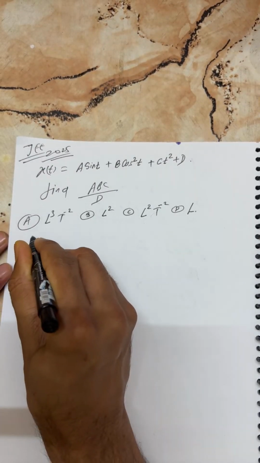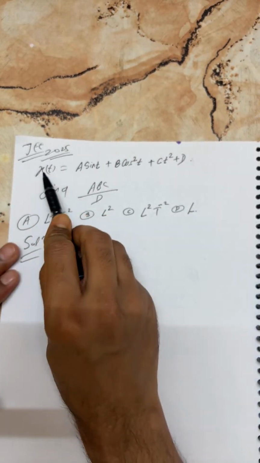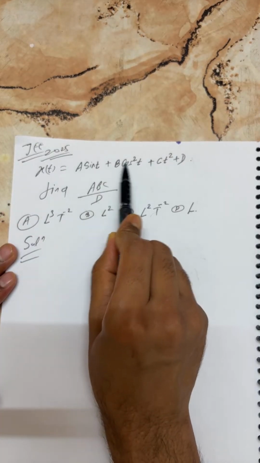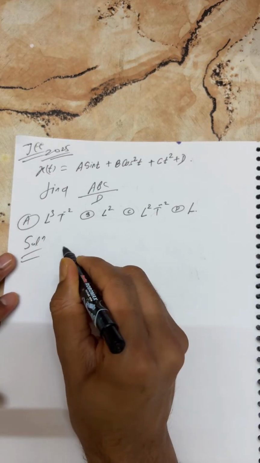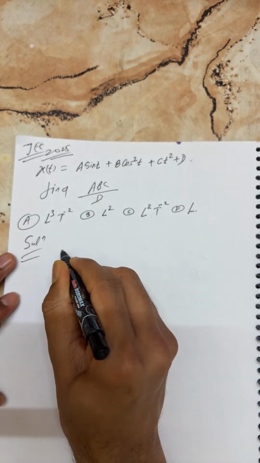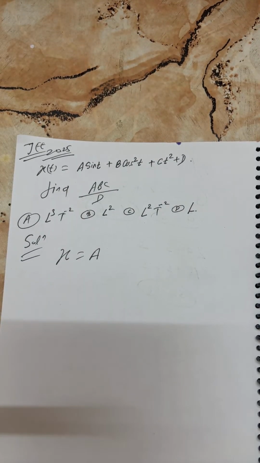So students, for the solution here, have a look. X is equal to this, everything here, because these all are in summation. So simply, it's sin t here, so you can say X is equal to A. You can write here because we remember X is displacement.